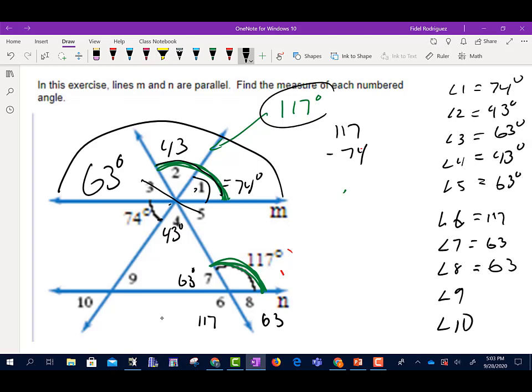Okay. And I need to find the measure of angle 9, and I need to find the measure of angle 10. Okay. So let's take a look. For the measure of angle 9, guys, if I add up all the angles on the inside of a triangle, they have to add up to 180 degrees. So I know that 43 plus 63 is going to add up to 106.